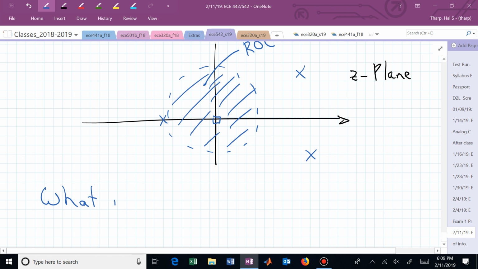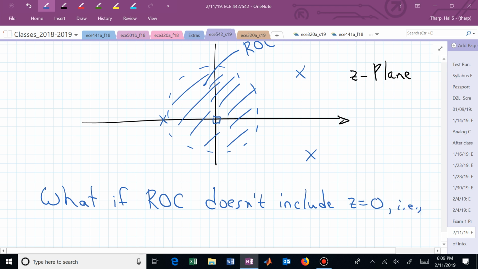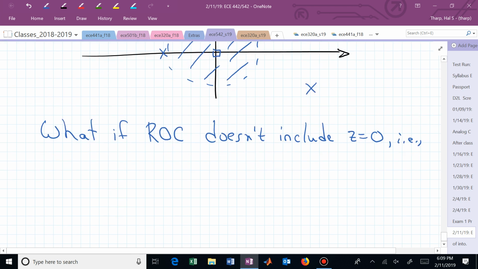Now we're saying, what if the region of convergence doesn't include z equals 0?